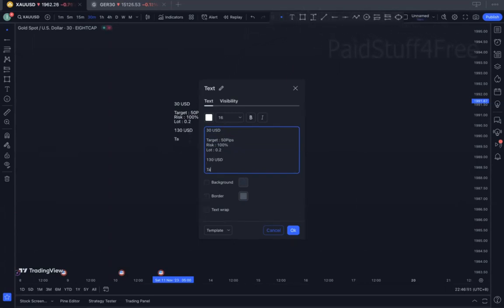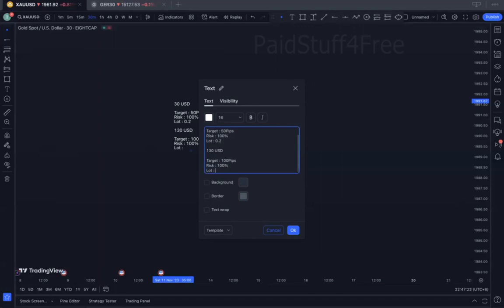So do it again. The second target is going to be 100 pips, and the risk should be 100% still. Calculate the lot size for me. $130 risk 100%, and SL maybe 15 pips or 20 pips.